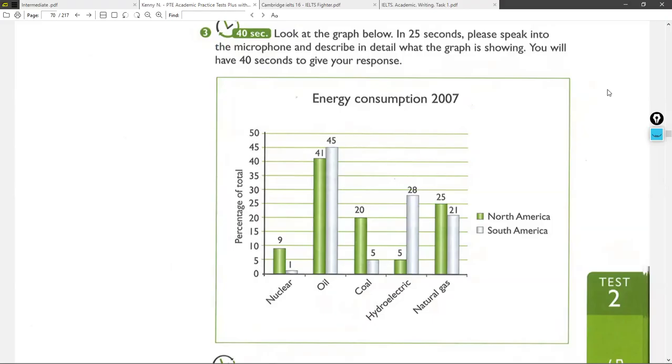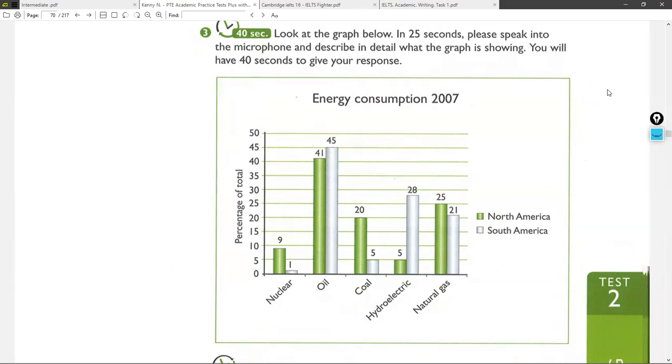So on this graph, we can see North America and South America, and we can see the percentage of total.